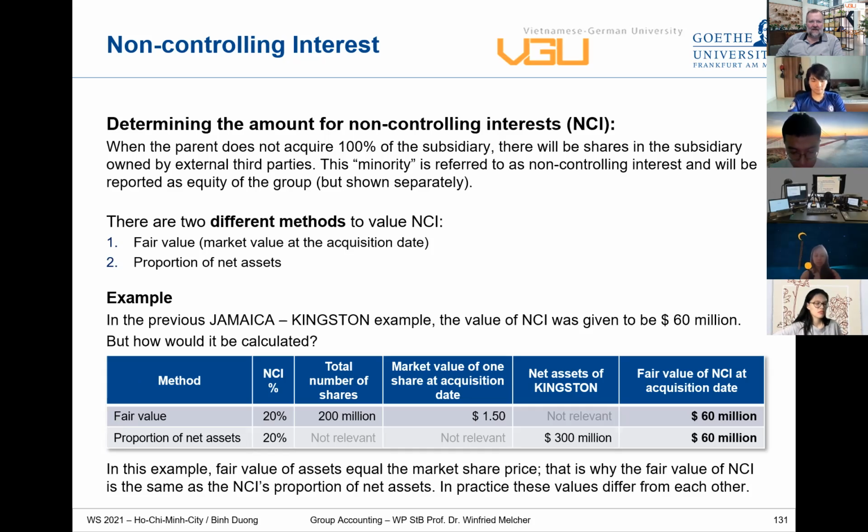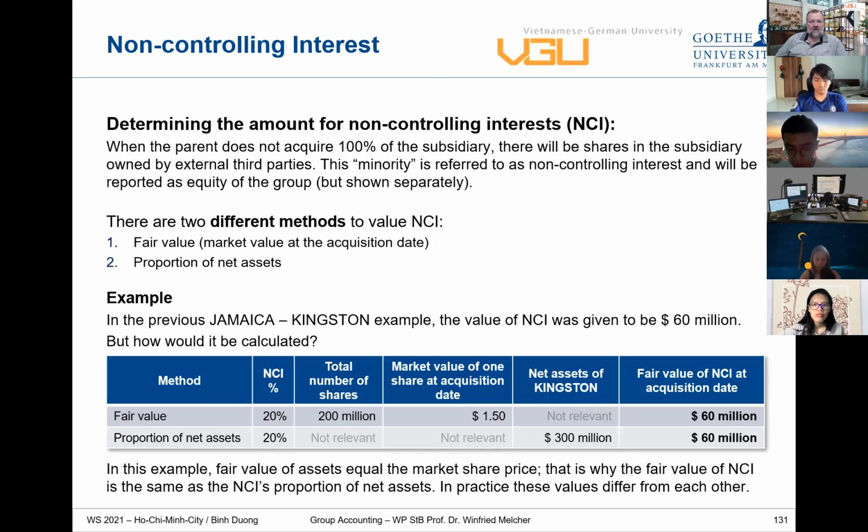But I think when there is a stock exchange on which those shares are purchased and sold, well, I think of this fair value hierarchy.